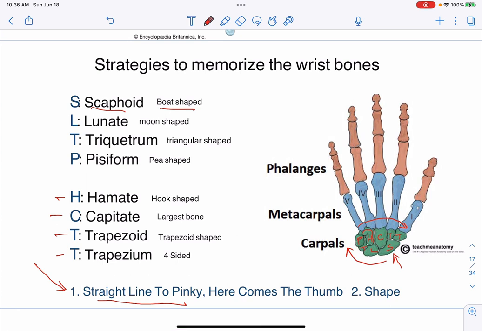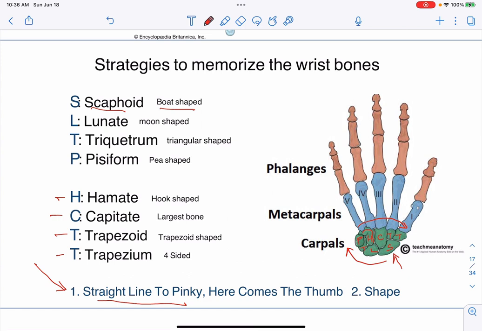So those are two strategies to memorize the wrist bones. Personally, I like straight line to pinky, here comes the thumb. But if all else fails, there are a few wrist bones that you can find, like hamate or capitate, that should orient you as well.